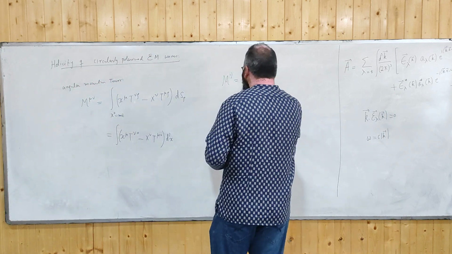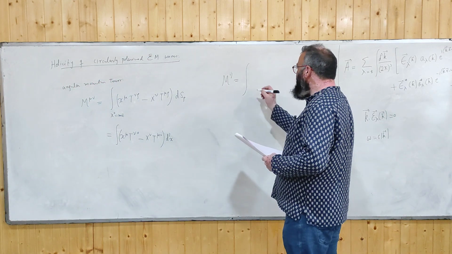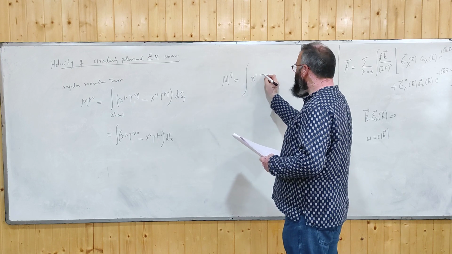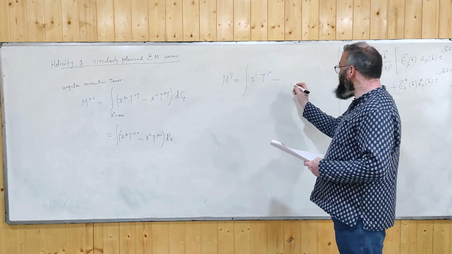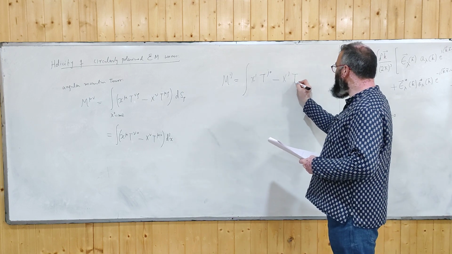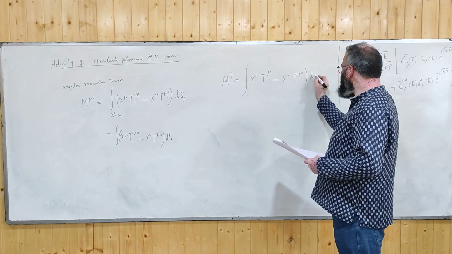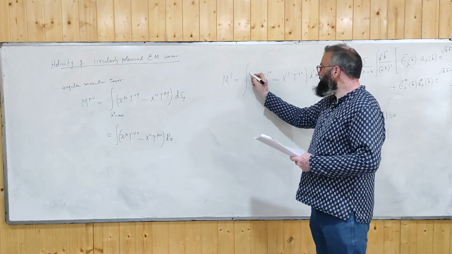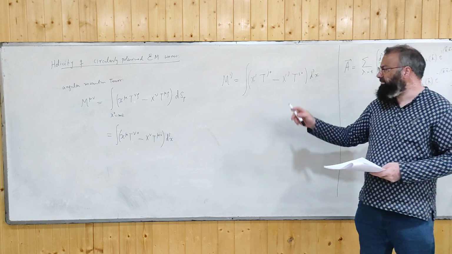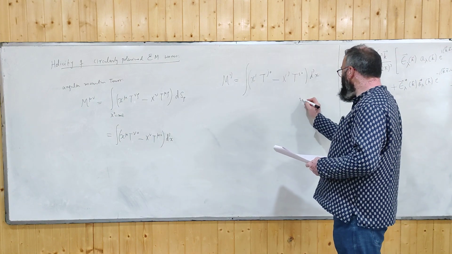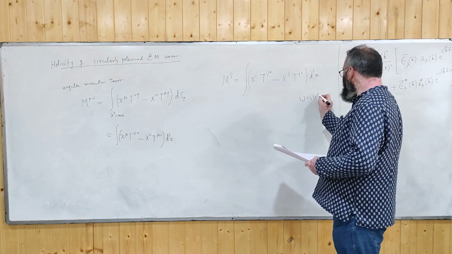So let's take mu to be i and nu to be j: M ij equal to the integral of (x i T j0 minus x j T i0) d3x. Got it? Simply M ij, and i, j are 1, 2, and 3.